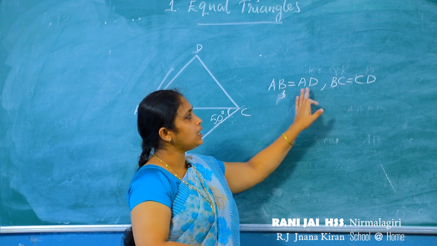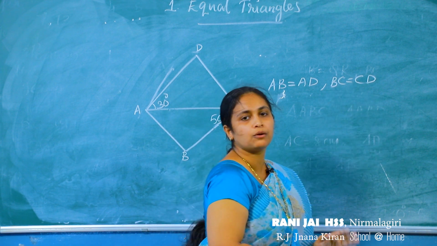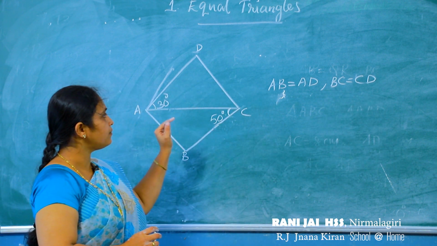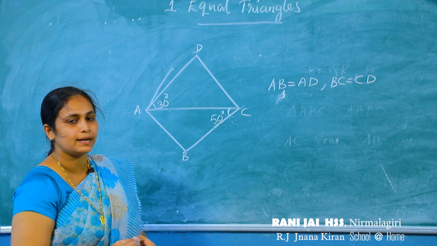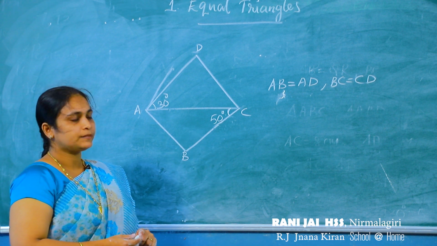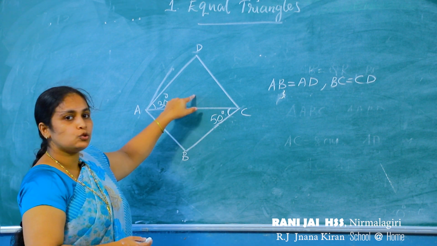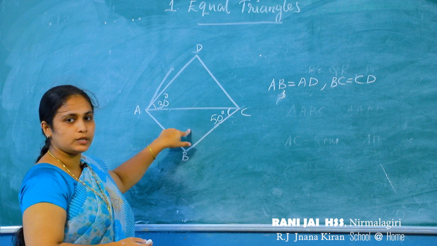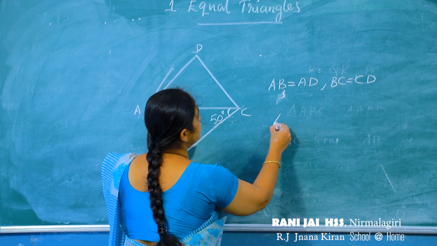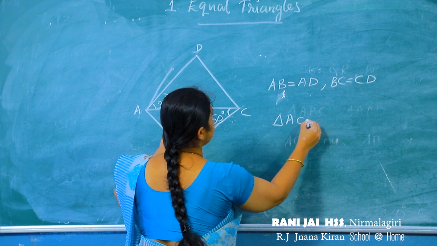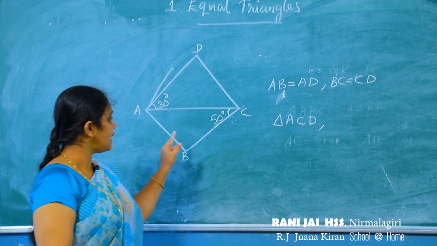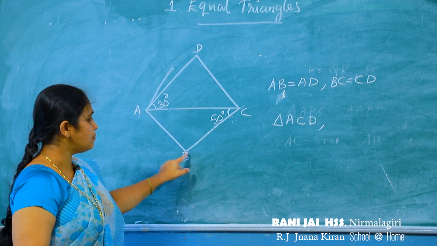Given AB equals AD and BC equals CD, how do we find all the angles of this quadrilateral ABCD? For that, here there are two triangles. Consider these two triangles, triangle ACD and triangle ACB.